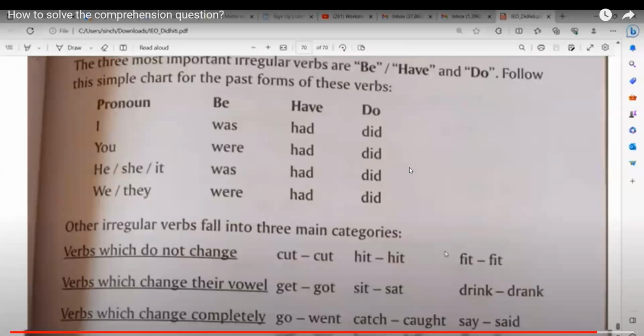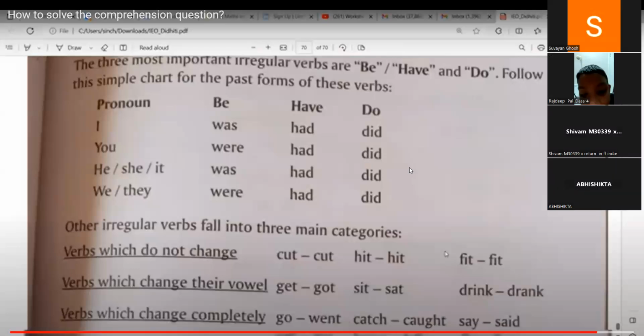Think of it. I will come back to you. Abhishekta, can you give me one? He was playing in the ground with his friends. Make the sentence complete. Use with his friends or with me.